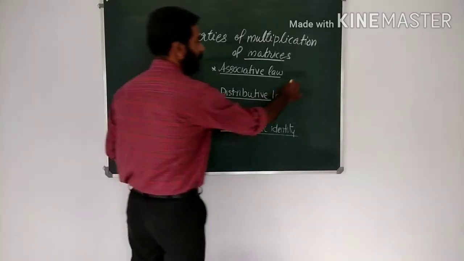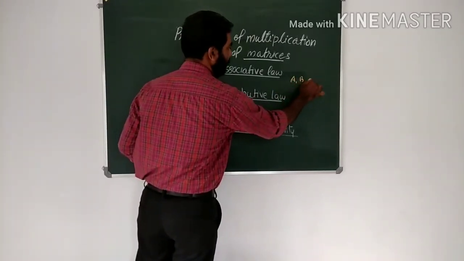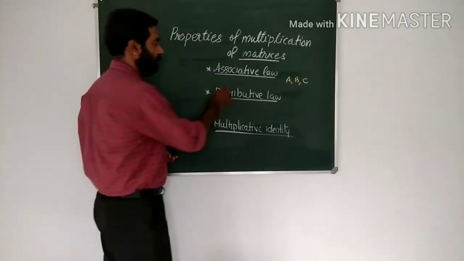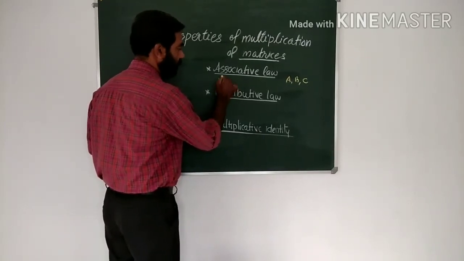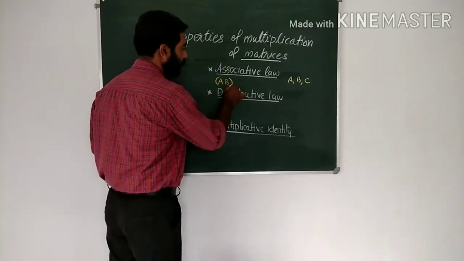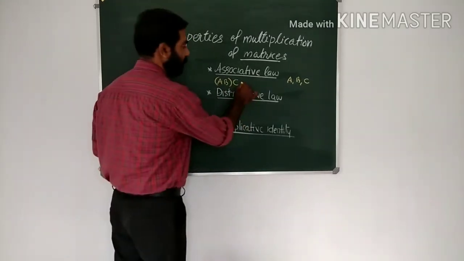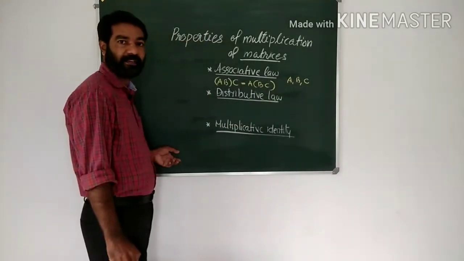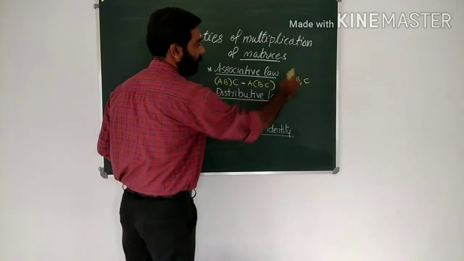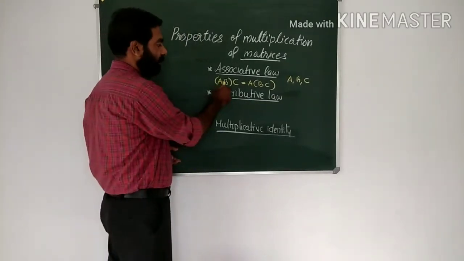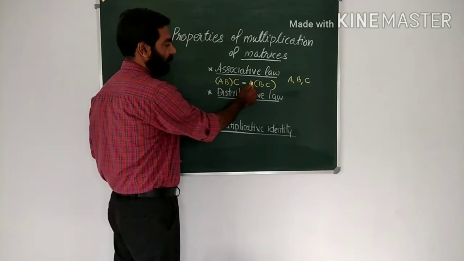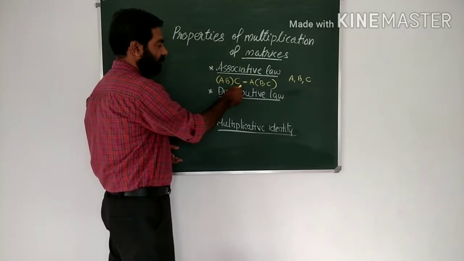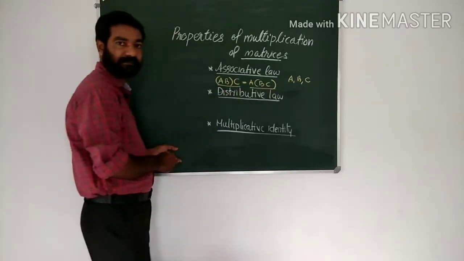If A, B and C are three matrices, then A into B, first we multiply, into C is equal to A into B into C. This is possible only when LHS and RHS are defined.